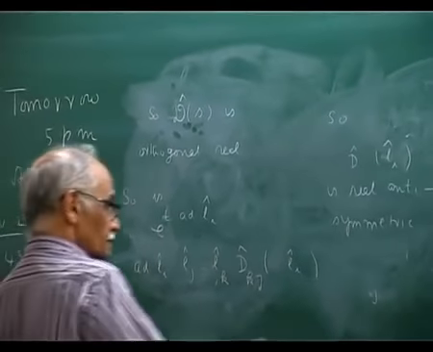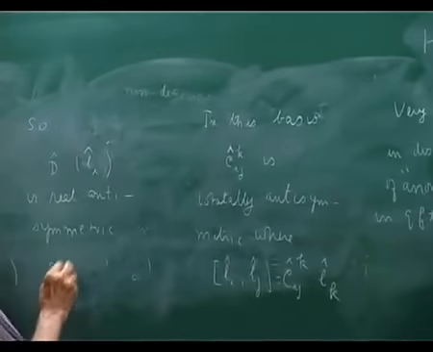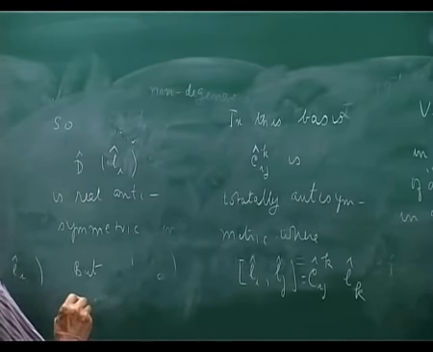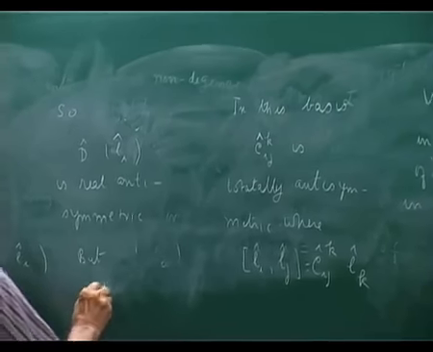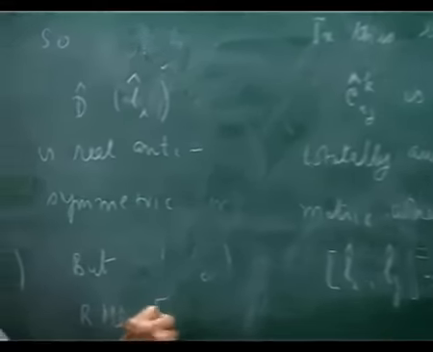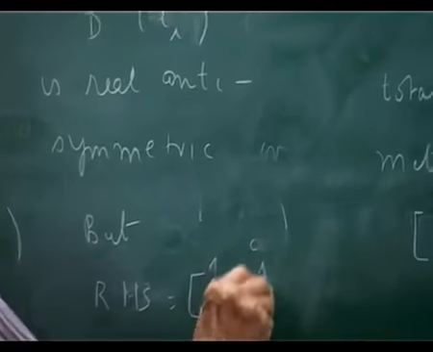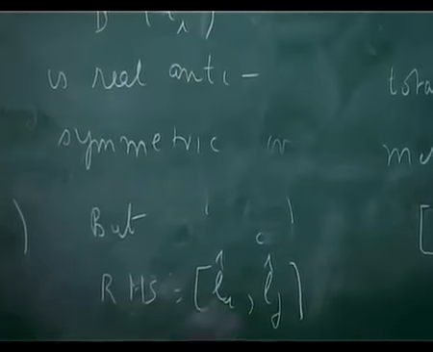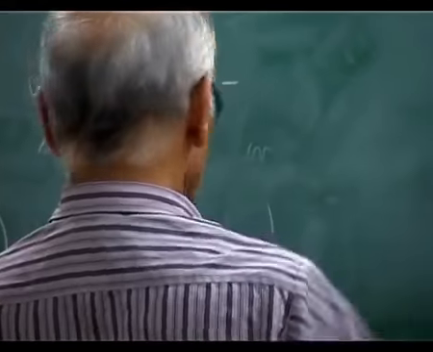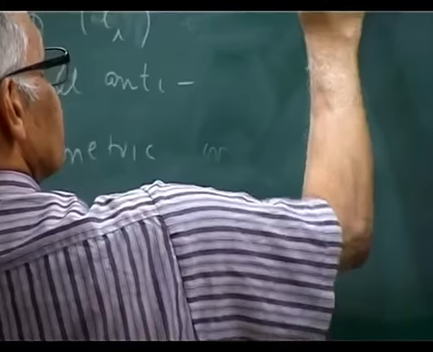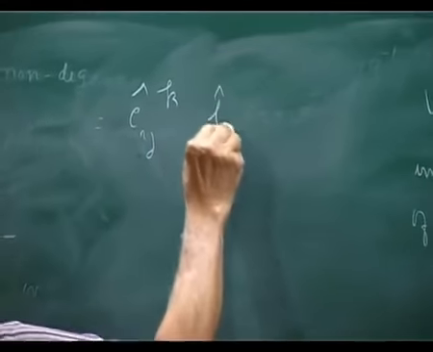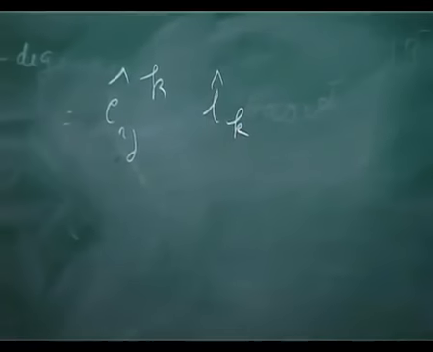So what does it mean? But the right hand side is equal to L hat I, L hat j, which by definition let me call it C hat k I j L hat k, by definition.